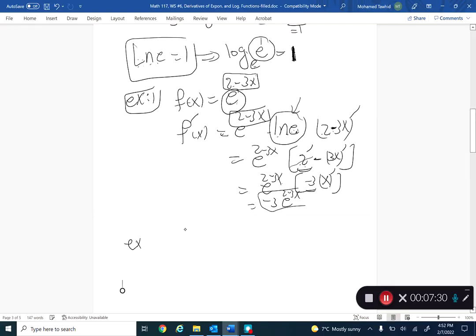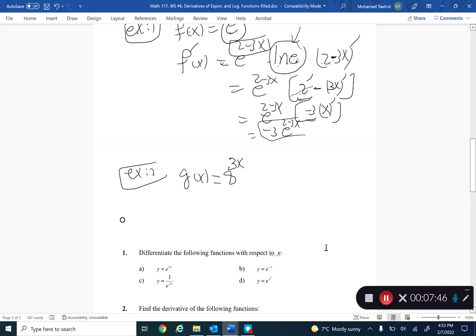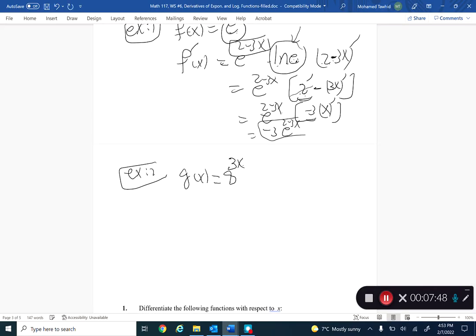All right, another example, example number 2. If you have g of x equal to 8 to the power 3x, I need to take the derivative of this. Is this exponential? Yes.